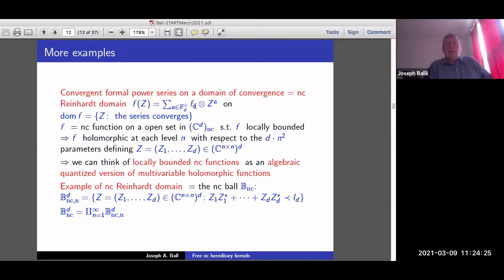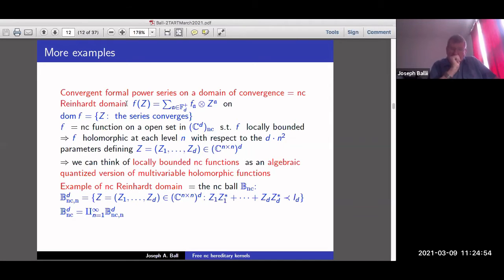So there's a radius of convergence, and we consider all z's for which the power series converges on some domain of interest. And then the result will again satisfy those gradedness and respects intertwining. So this is how we get examples. And this is noncommutative Reinhardt domain.